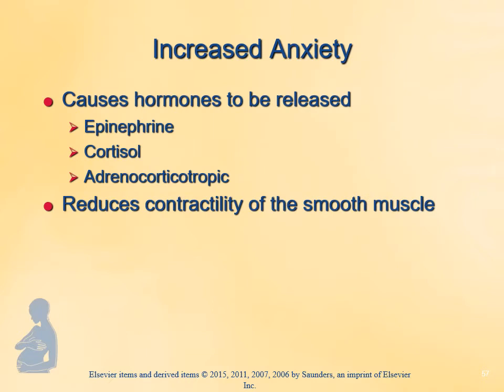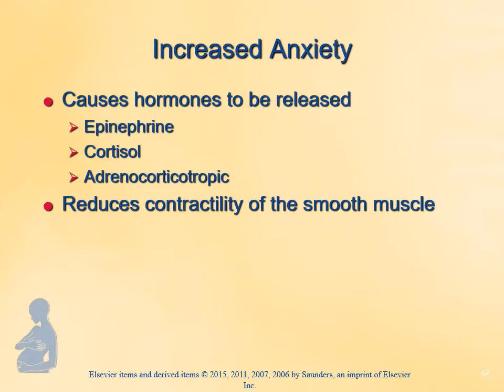So we talked about how when somebody is anxious and tense, their bodies can secrete different hormones that cause problems in the labor progress. It causes epinephrine and cortisol to be released, which can cause a decrease in blood flow to the uterus because the body tries to spare its most essential organs when these hormones are being released.